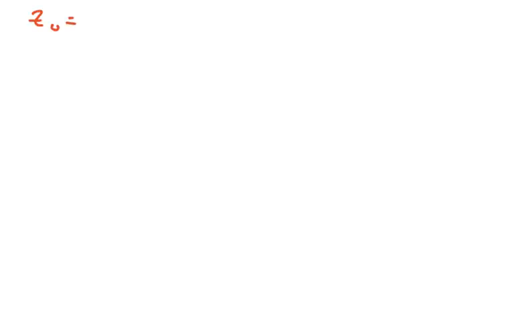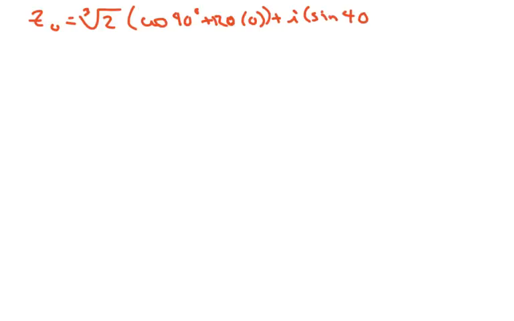If you do z_0, you're going to get cube root of 2 times cosine of 40 degrees plus 120 times 0, plus i times sine of 40 degrees plus 120 degrees times 0. All right. Now, I'm going to take this off.